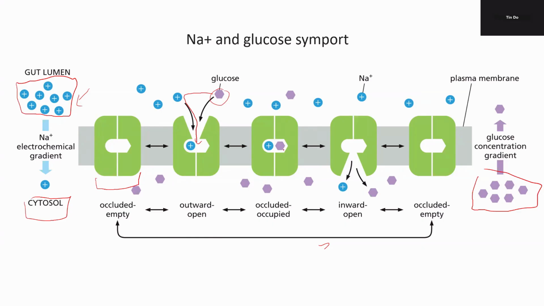With that, the gate closes and then opens inwards. And so now you have sodium ions coming in with glucose going against their concentration gradient. So this is an example of active transport in the glucose case. Okay.